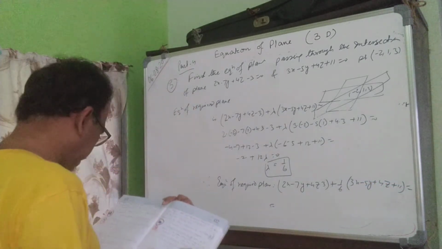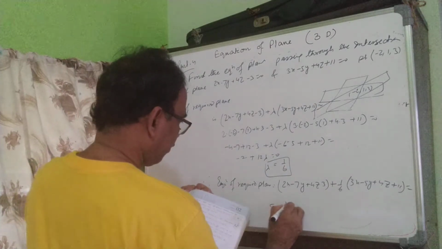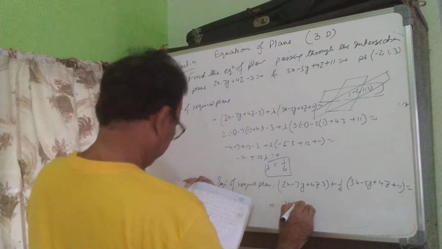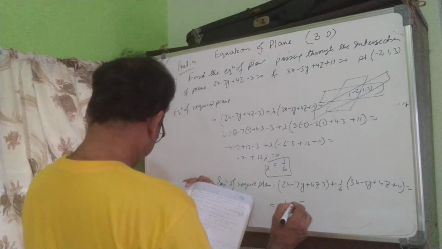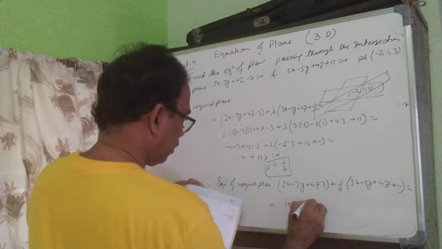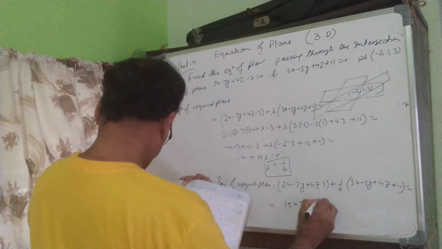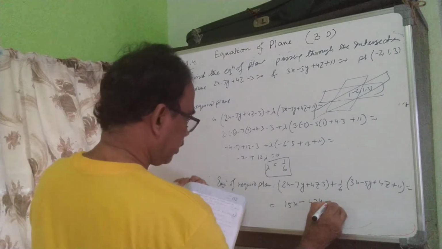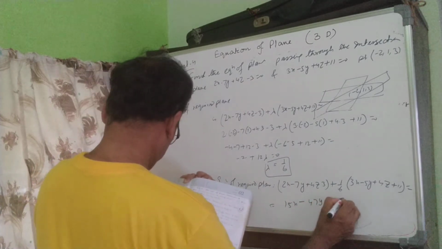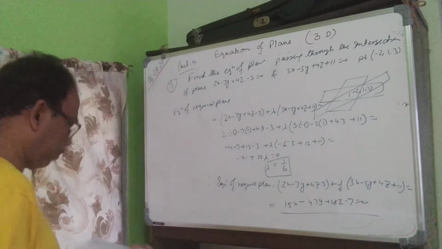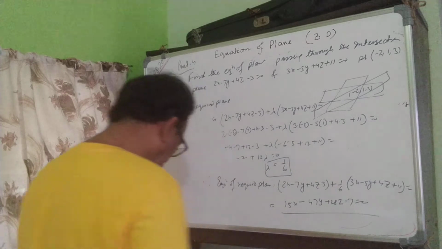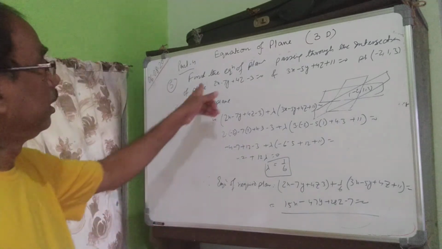After simplifying, we get the equation 15x - 47y + 28z - 7 = 0. That is the simplified form of this equation. Now we have got the equation of the plane.